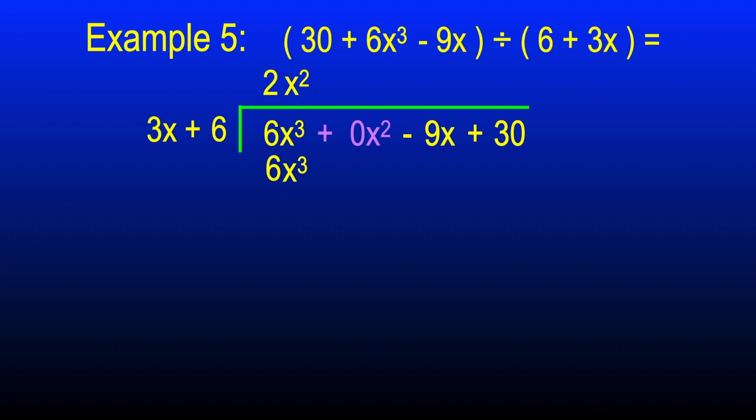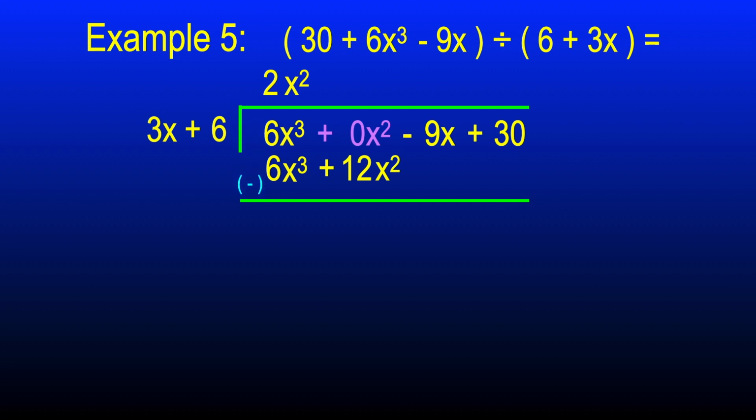Tapos, positive times positive is positive. 2x squared times 6 is 12x squared. Ayan, wala ka nang i-multiply. Na-multiply mo na si 3x. Na-multiply mo na si 6. So, dalawang beses lang. Subtract ka na.